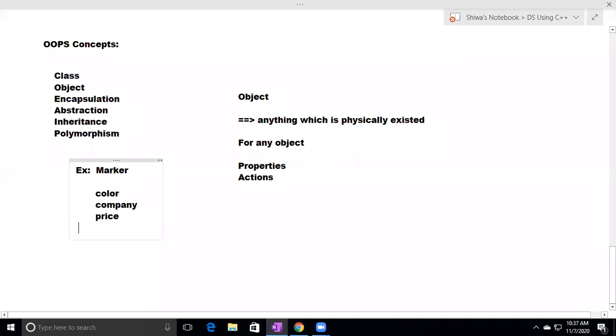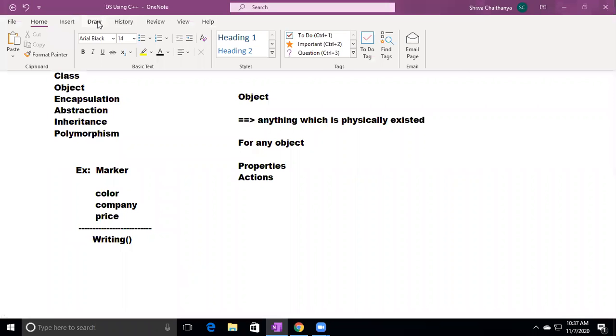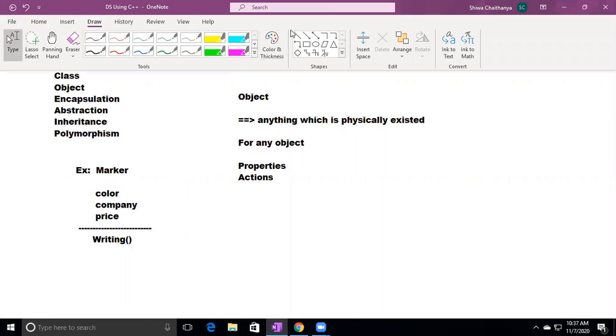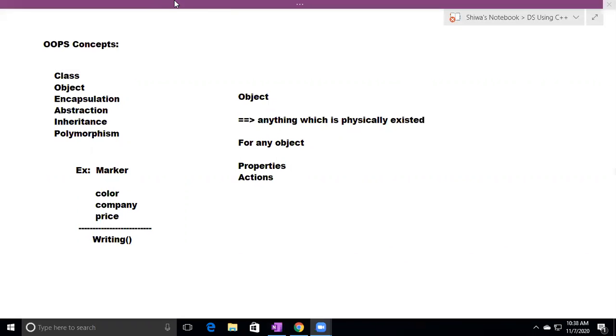These are called properties. And why are we using this marker? For writing on the whiteboard. So writing is the action. Like this, for any object, some properties will be there, as well as that can be used to perform particular actions.